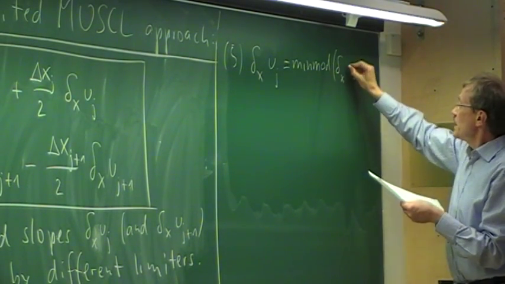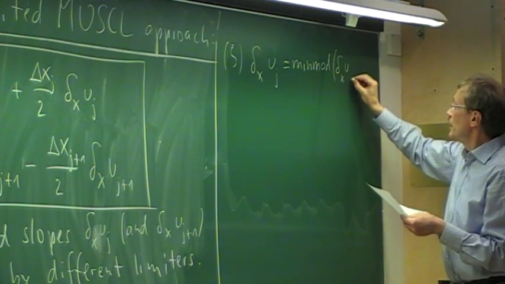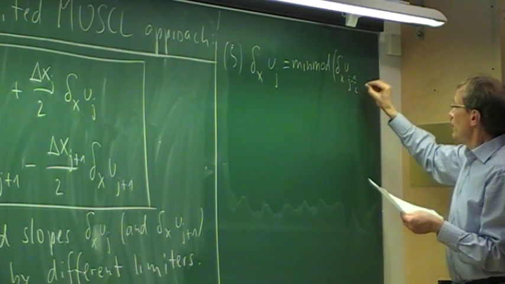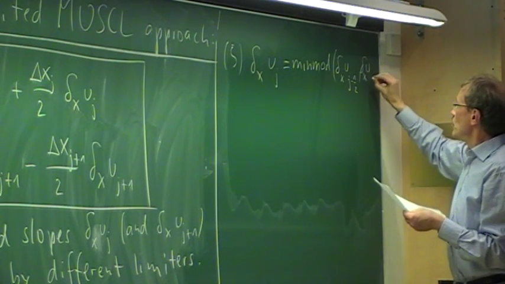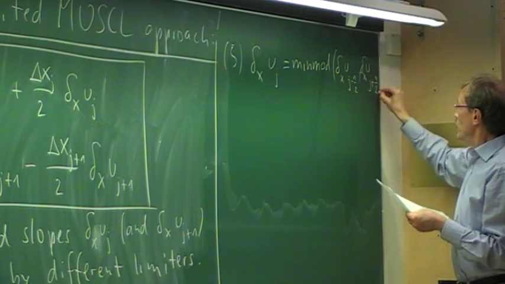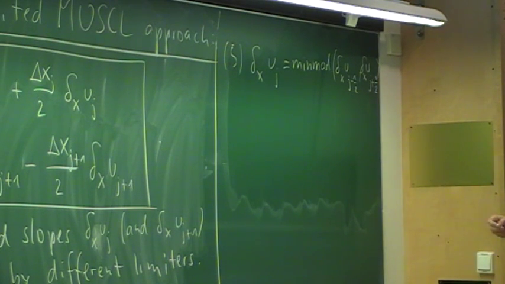The one is to the left, that is uj minus 1/2, and the other is to the right, delta x uj plus 1/2. So you see it in this example. Let's see.